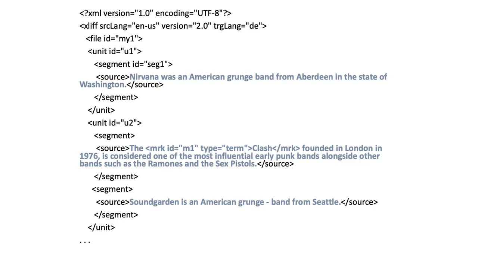So we have this XLIFF file. We've taken the translatable text out of that DITA file, and as you can see, they are in segments in the XLIFF file. We've accounted for all 3 of those paragraphs. This is a very simple example, but it's meant to illustrate how this works.